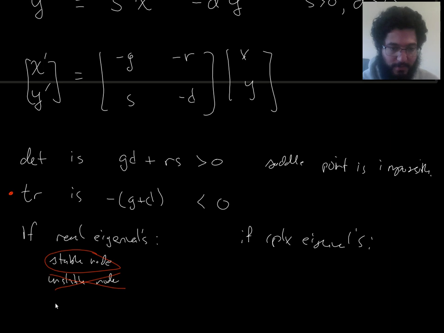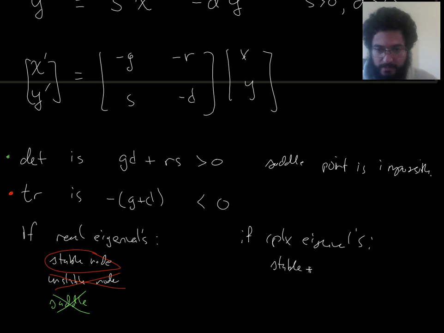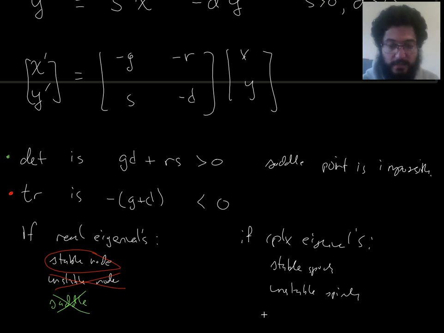Determinant, so normally I could also have saddle point, right? But no, thanks to the determinant information. Okay, and then for complex eigenvalues, I can have stable spirals or unstable spirals. Or a center, right? But that's a super special situation, stable or unstable.